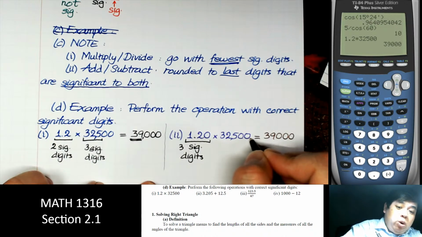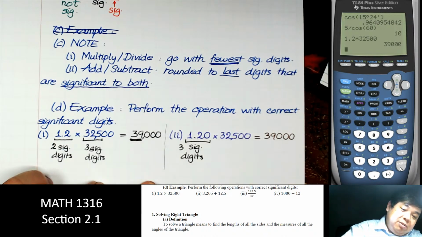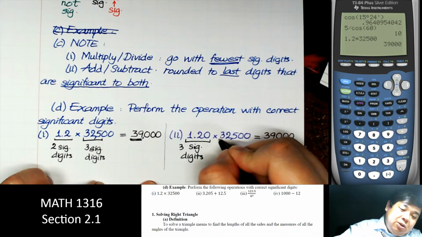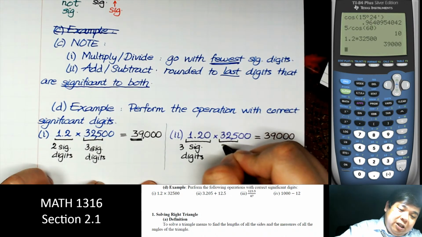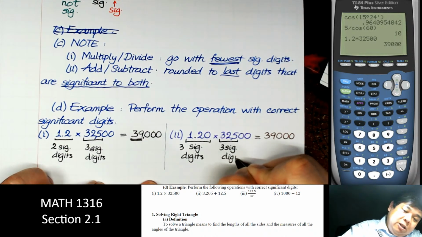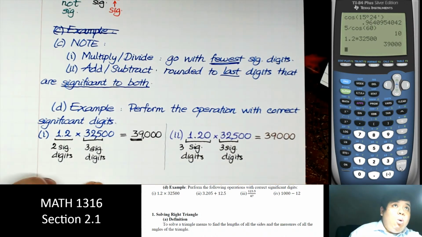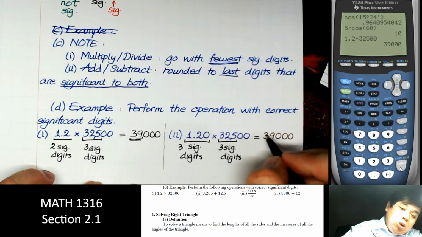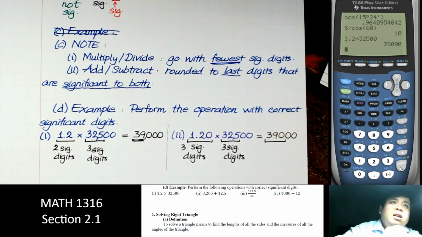If there's a decimal point here, that's a different story. So only three significant digits, and we'll go with the fewest significant digits. In this case, that will be 3.